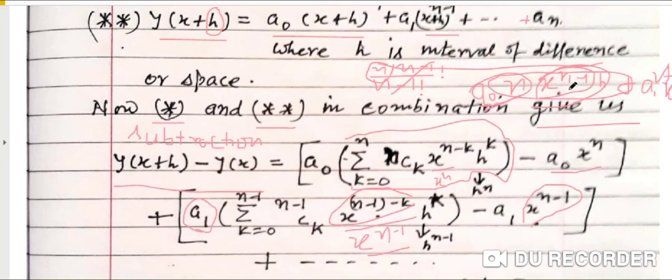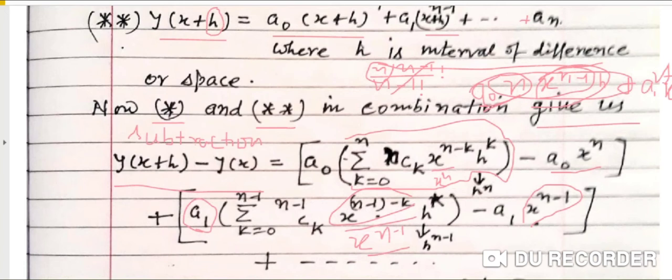H a naught n. So x to the power n minus 1 is the highest now. Means x to the power n is cancelled. Now this will produce the n minus 2 power, and this will also produce the n minus 2 power.